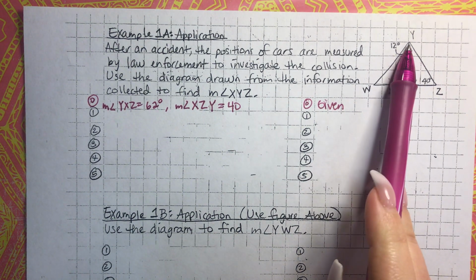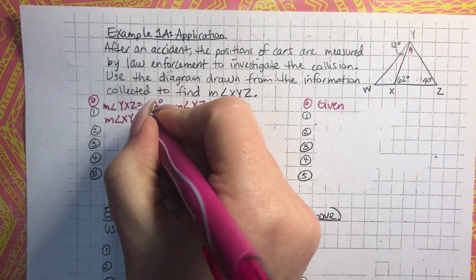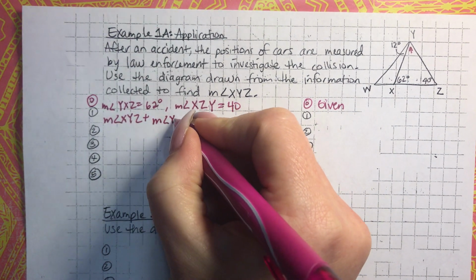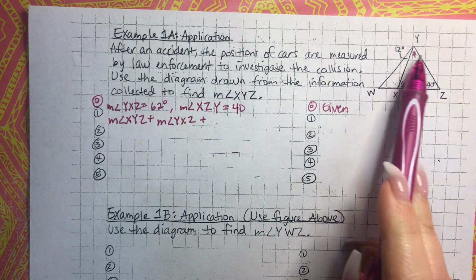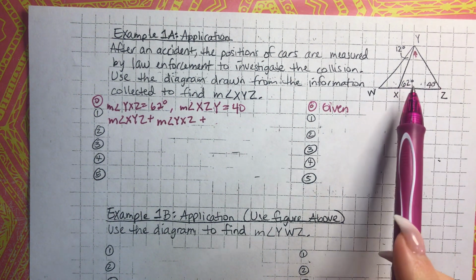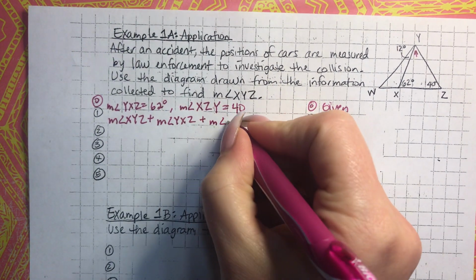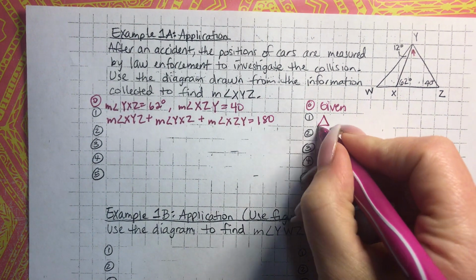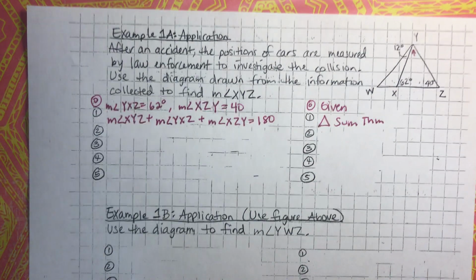So the measure of XYZ plus the measure of YXZ plus the measure of, so we have the measure of XYZ, we have the measure of YXZ, and now we need this one, XZY, equals 180 degrees by the triangle sum theorem. And I just love writing it like that, triangle sum theorem.